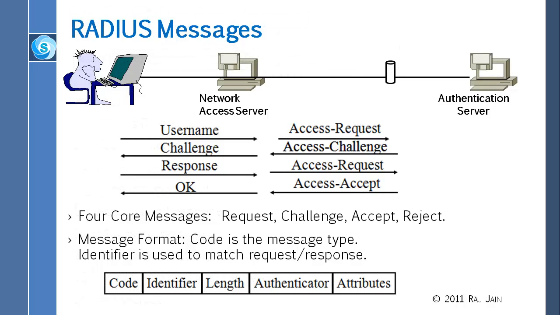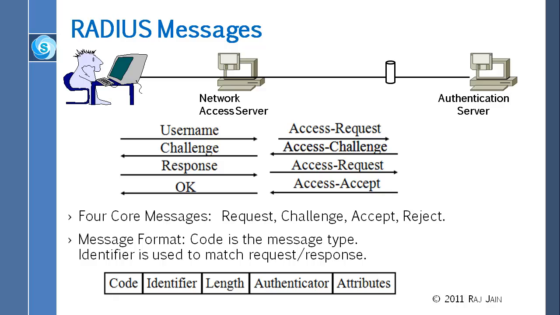That challenge response will be called access request again here. So you see, there is no such thing called access response. Basically, first you give your name, and that makes an access request just with your name in it. And it goes there, then it sends an access challenge. Somehow it knows, let's say it is going to use your password for authentication.